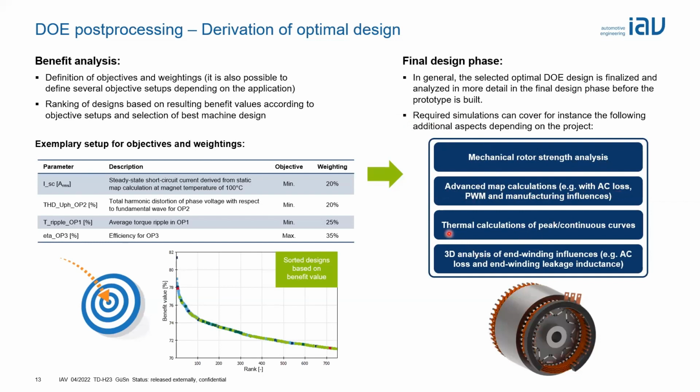What is also usually needed is the thermal analysis of the peak and continuous curves, and sometimes also an additional 3D analysis of several end winding influences that might be AC losses and also the end winding leakage inductance.